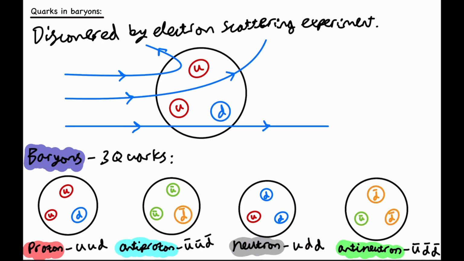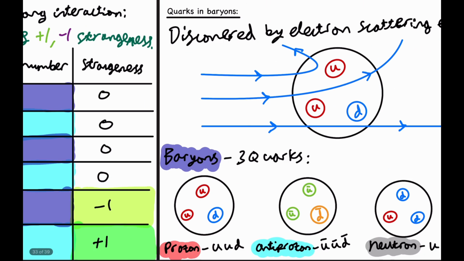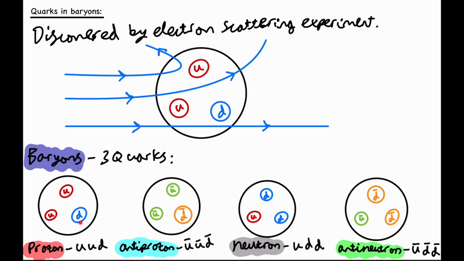And the proton is made up of up, up, down, as you can calculate using this table over here, the charge, and the charge should end up as +1 for this one. And then you have anti-up, anti-up, anti-down for an antiproton, which is just anti of every quark inside of here. And this should end up as a charge of -1.